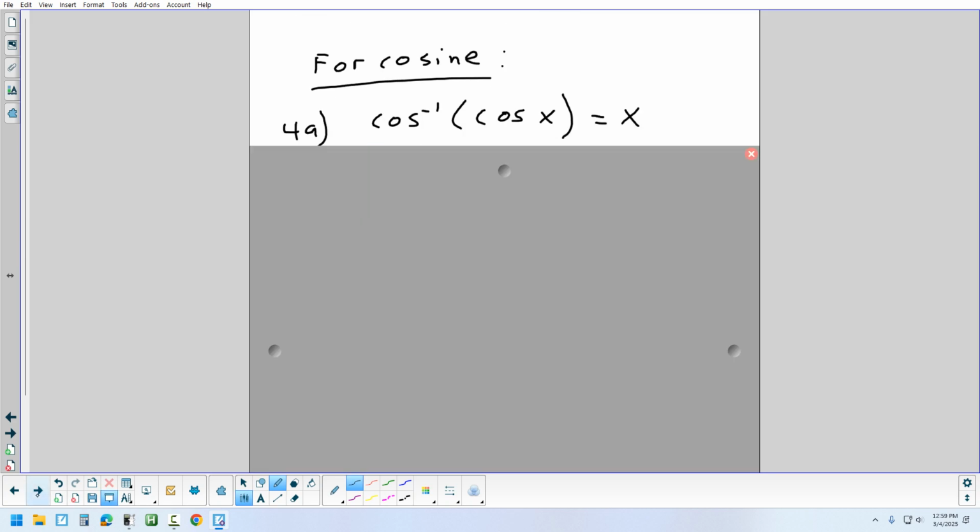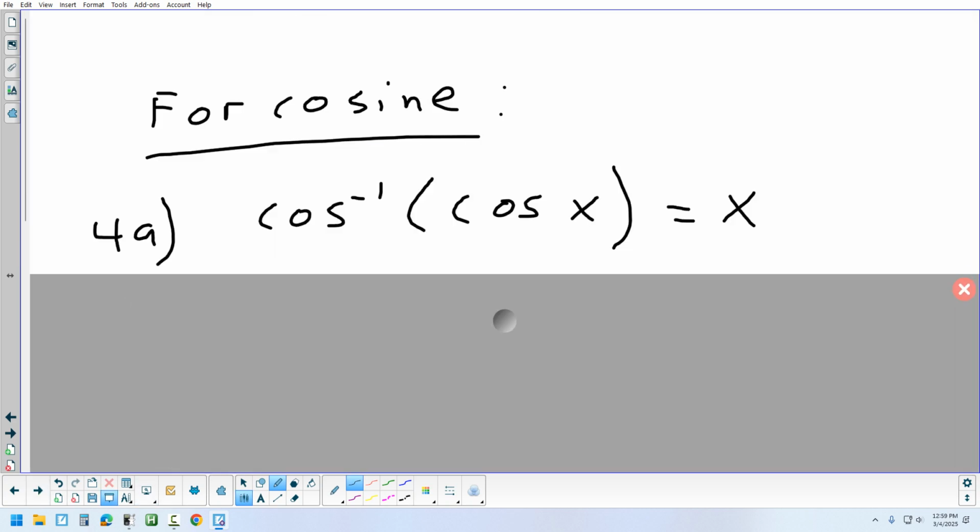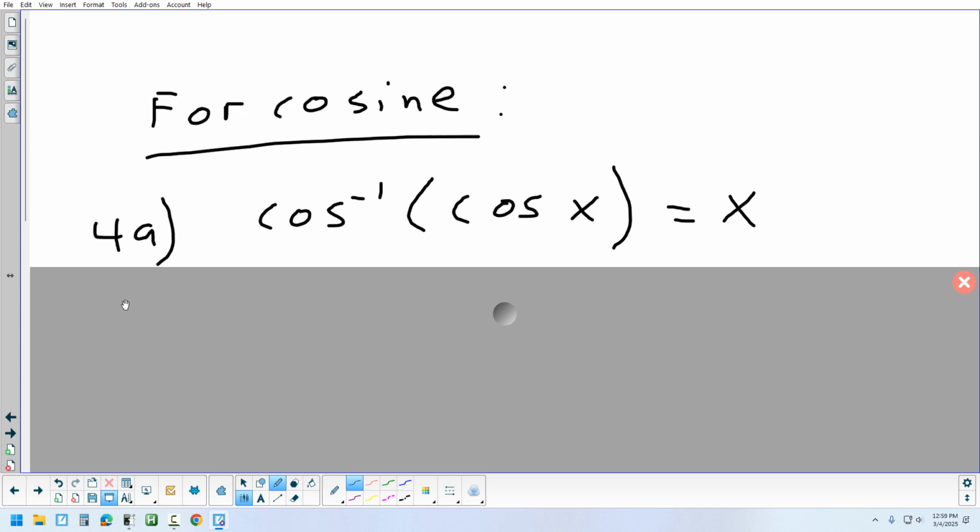All right, let's look at cosine. Same thing with cosine. The cosine and inverse cosine will cancel out, as long as x is between certain values, and we talked about these values yesterday. 0 and 180.